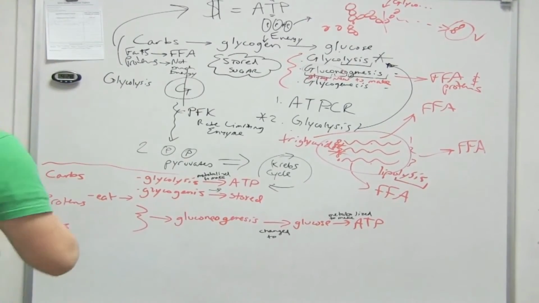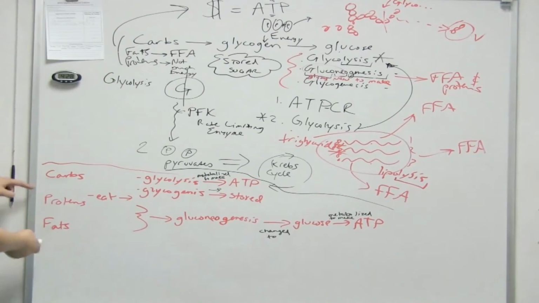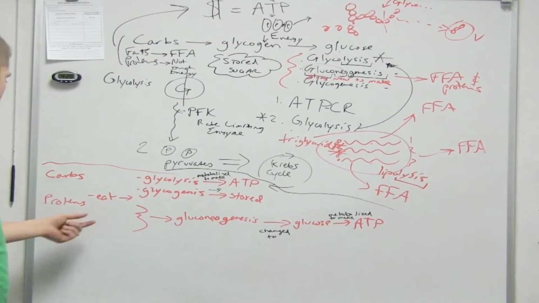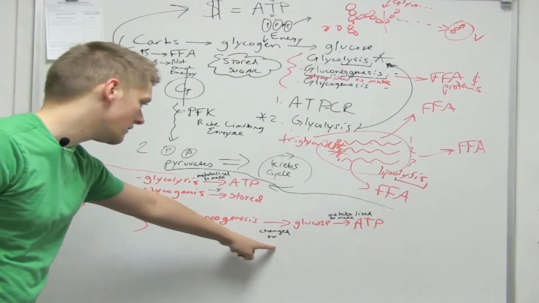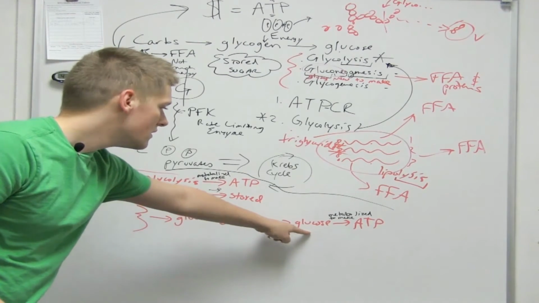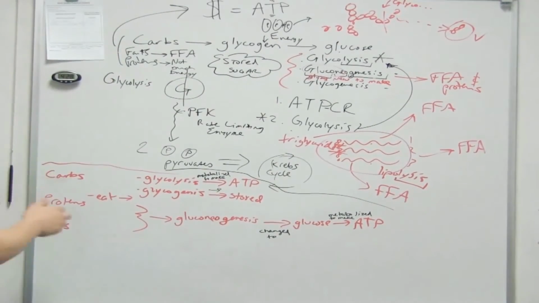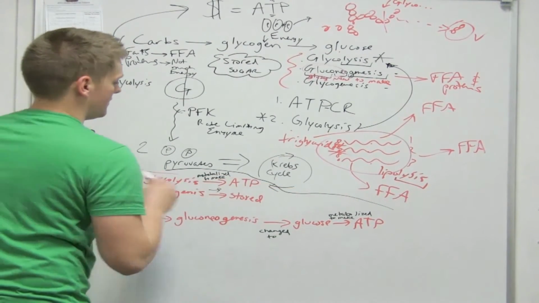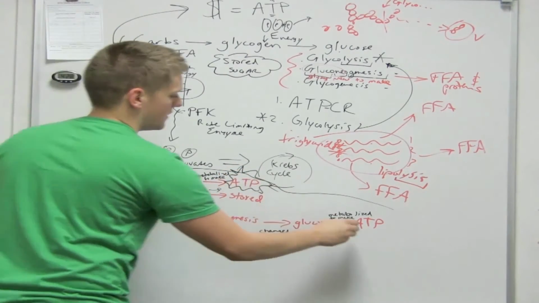Okay, does this kind of flow chart make sense? So you eat carbs, fats, and proteins. Fats and proteins through gluconeogenesis are changed to glucose to then be metabolized to give us ATP. So that's their pathway to end up at ATP energy.